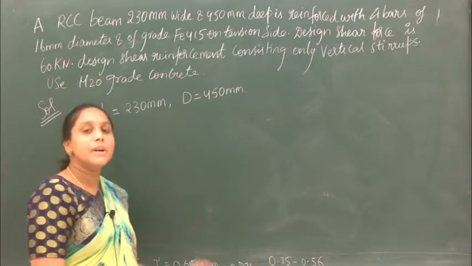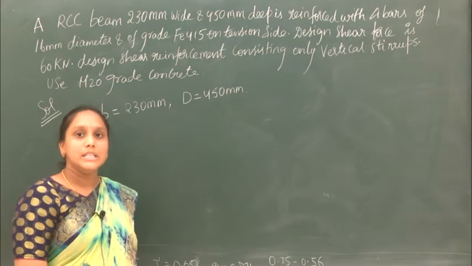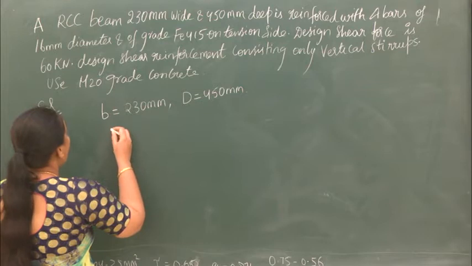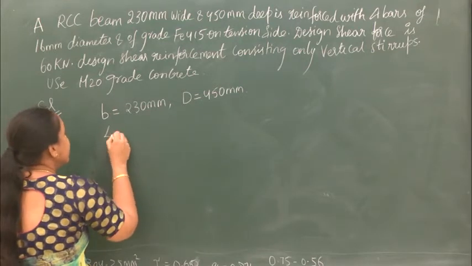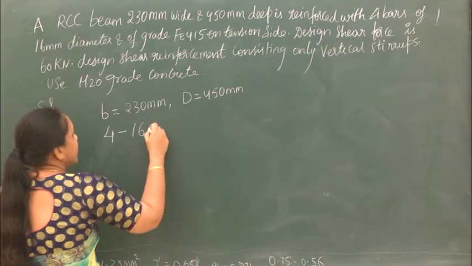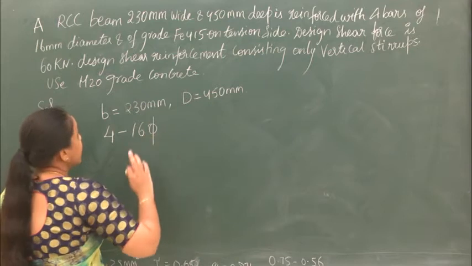If reinforcement is provided on the tension side, then what kind of beam is it? It is a singly reinforced beam. The number of bars provided is 4, and the diameter of each bar is 16 mm.